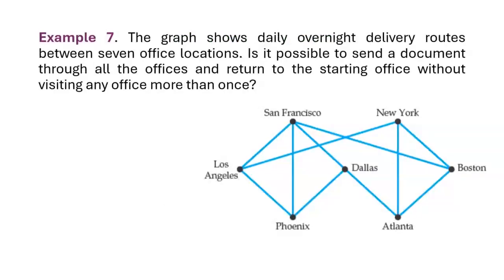Well, let's take a look at an example. The graph below shows daily overnight delivery routes between 7 office locations. Is it possible to send the document through all of the offices and return to the starting office without visiting any office more than once? This is a great application because when you read and understand it, you realize that it's asking for these.